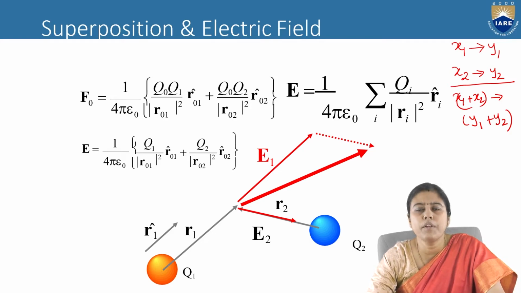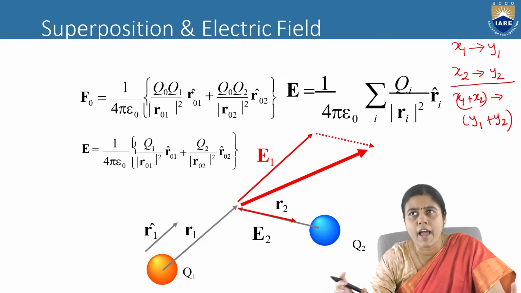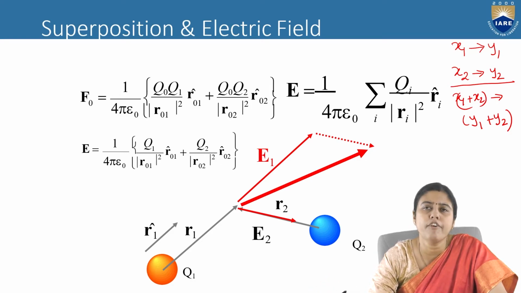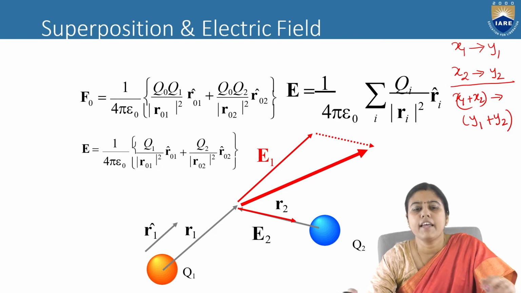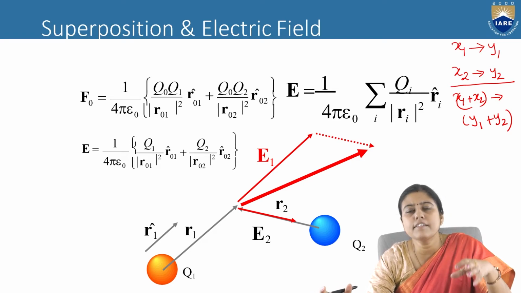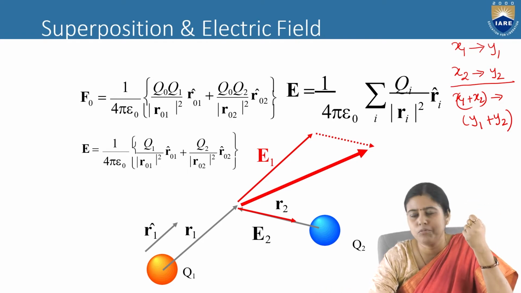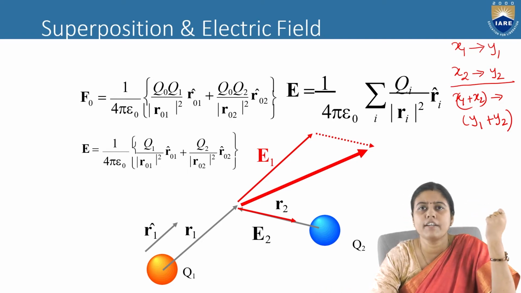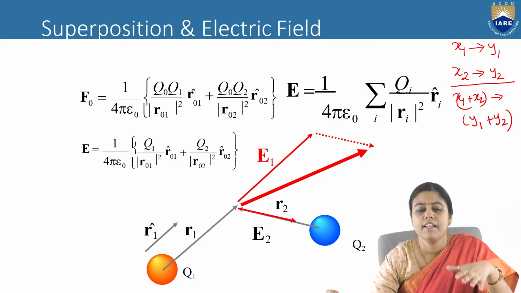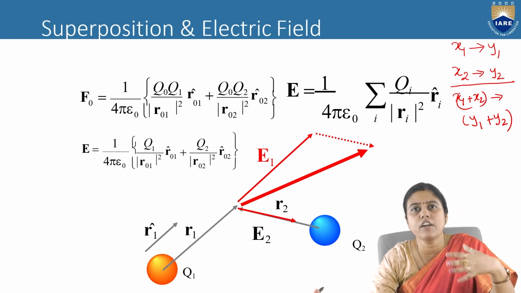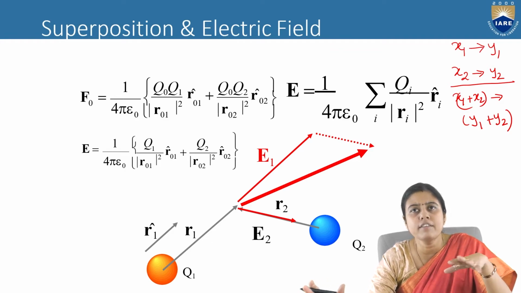So here we will apply the superposition theorem for the electric field. In the practical case, the electric field is the summation of many charges. Though according to the definition we are talking about a single charge, in the practical case a field is a combination of various charges.